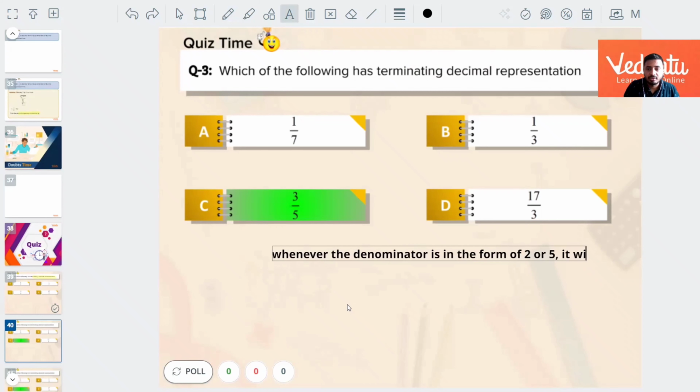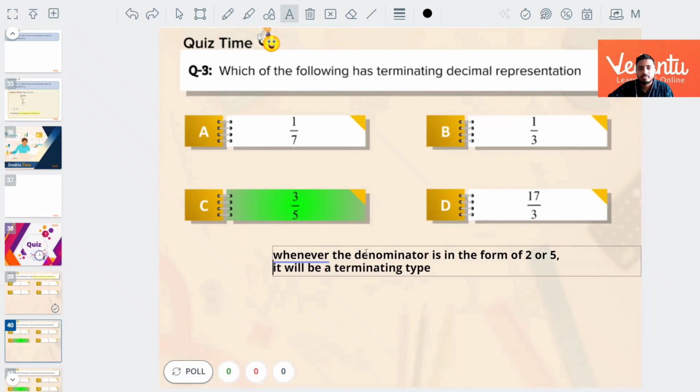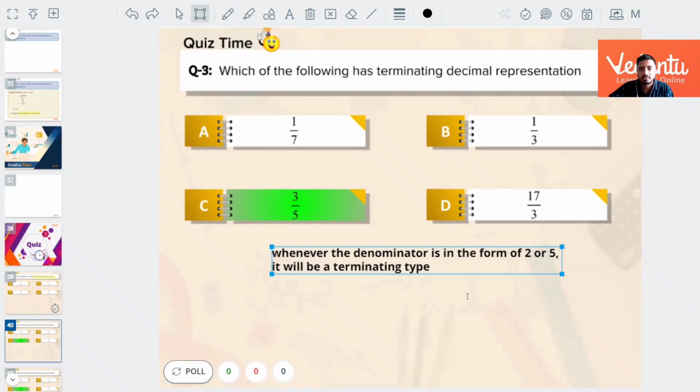It will be a terminating type. Clear to each and everyone?